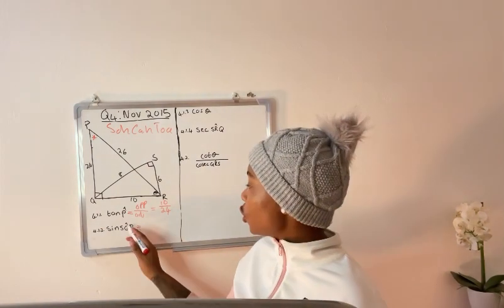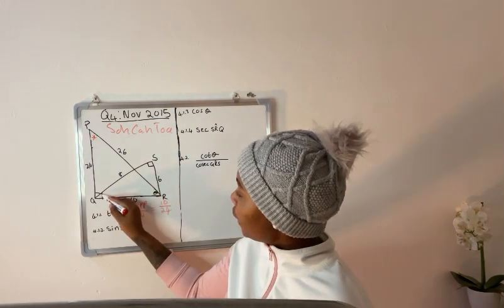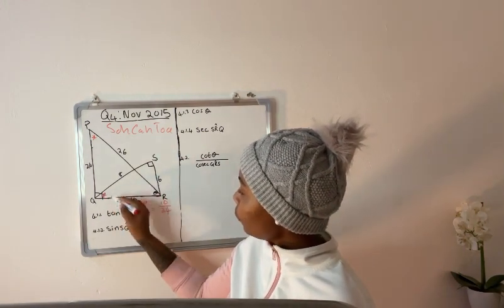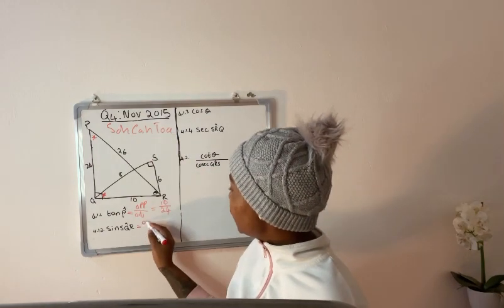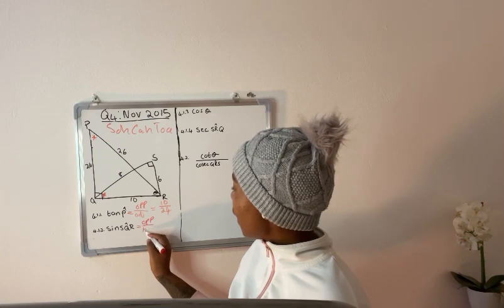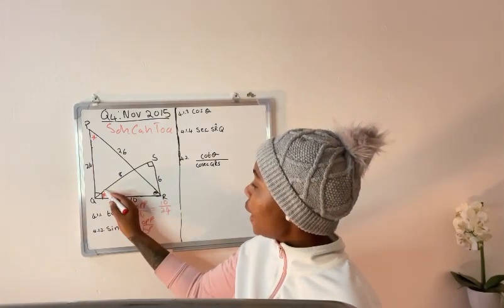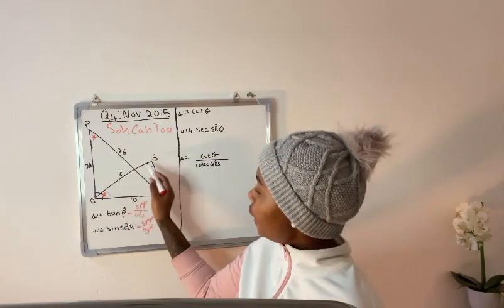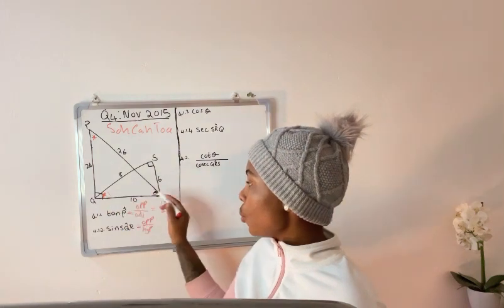Sine SQR. Sine angle SQR is this angle over here. So we write the definition of sine, which is opposite over hypotenuse. Now we notice that angle SQR lies in the small triangle SQR, so we are only going to focus on triangle SQR.